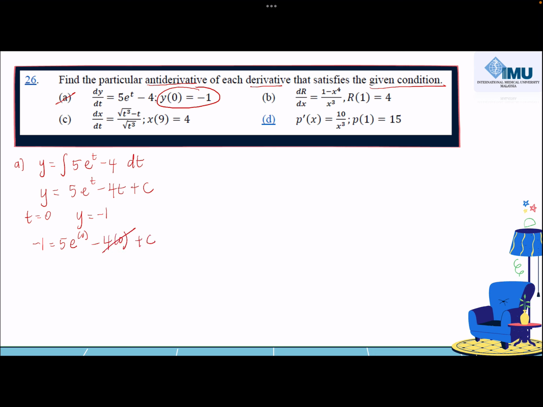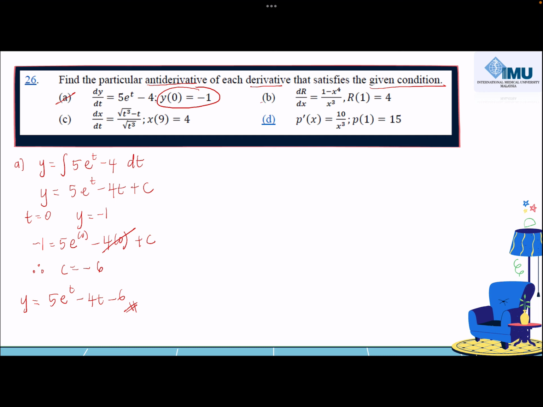Now 4 times 0 is 0, e to the power of 0 is 1, and 1 times 5 is 5. So you move 5 to the other side. At the end, you will obtain c equals -6. Hence, your y function will be 5e^t minus 4t minus 6. That's going to be the answer for A.